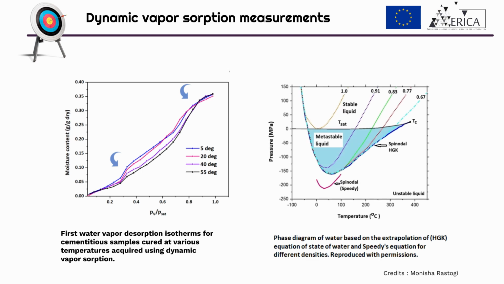But using the phase diagram of water, we could identify that the kink at low relative humidity of 0.3 P/P0 is actually because of homogeneous cavitation. So this sudden jump, indicated by the blue arrow at 30% relative humidity, is because of homogeneous cavitation, and another sudden jump or kink at 80% relative humidity happens because of heterogeneous cavitation.